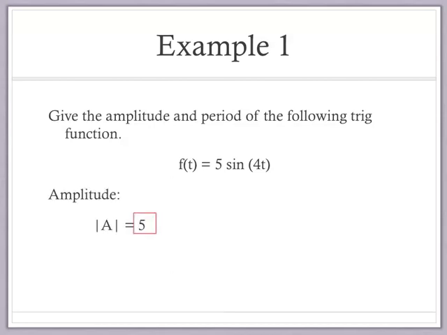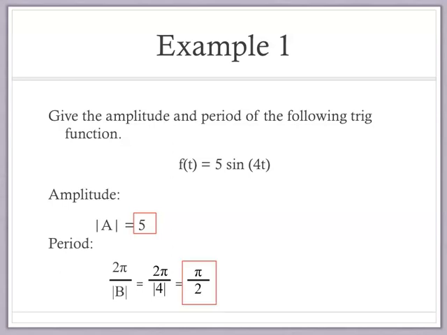And then the period, now remember the period is not given by b, but it's given by 2 pi divided by b. That's the one tricky thing about the period. So that's 2 pi divided by 4, which is equal to pi over 2. So the period of this function is going to be pi over 2.